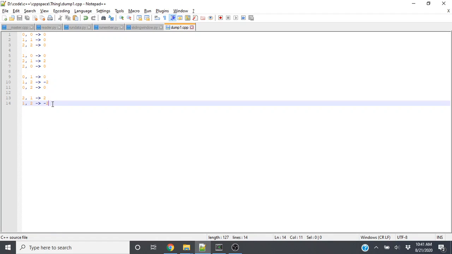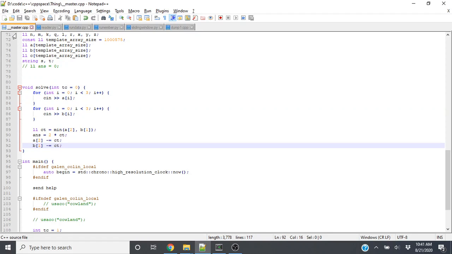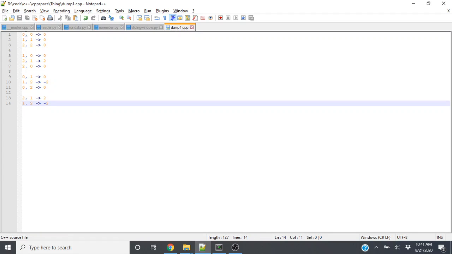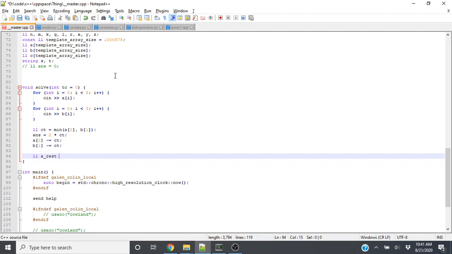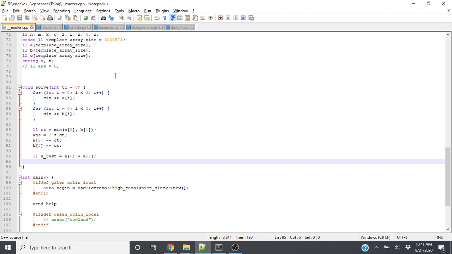Then we want to make as few of these matches as possible. So what we're going to do is pair as many other elements as we can with 2's in B. So LL A rest equals A0 plus A2. Then we're going to pair as many of these with 2 as we can. B2 equals min max 0, no, 2 minus A rest.